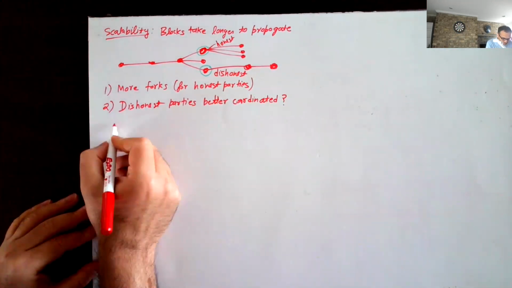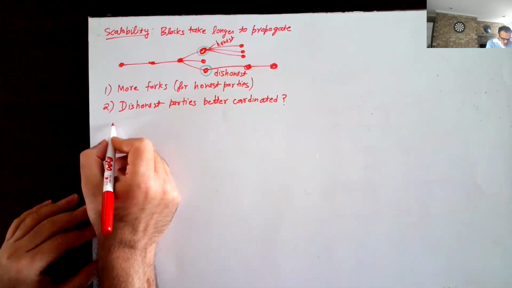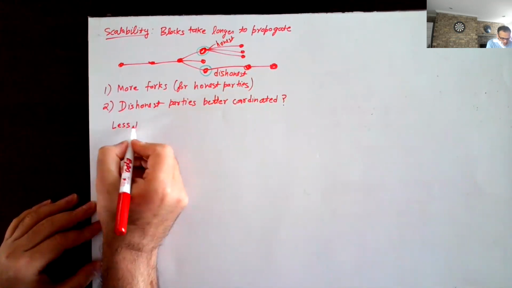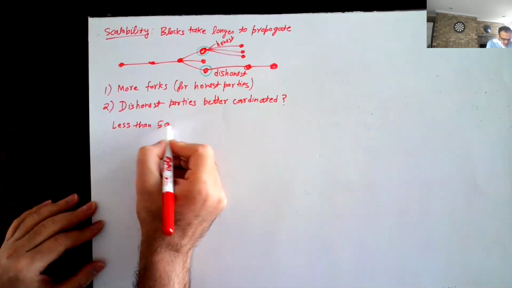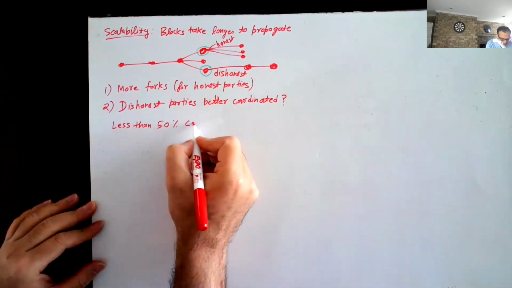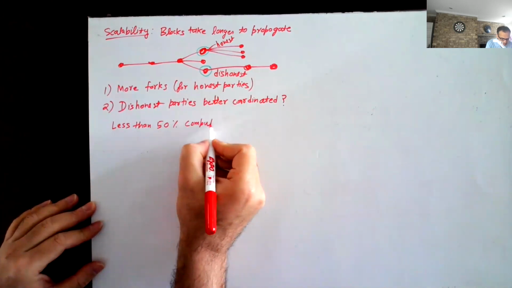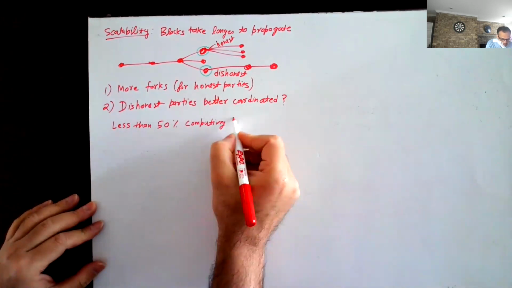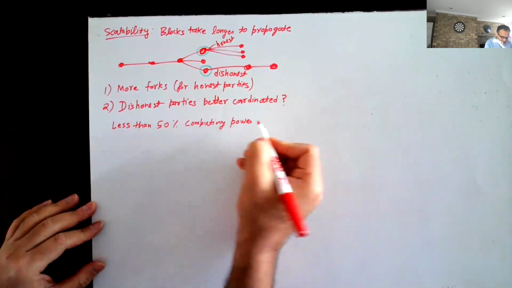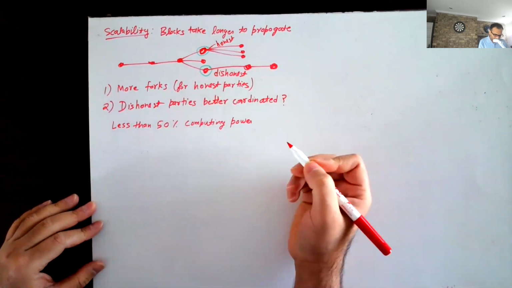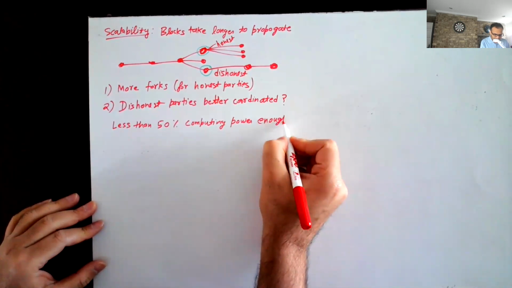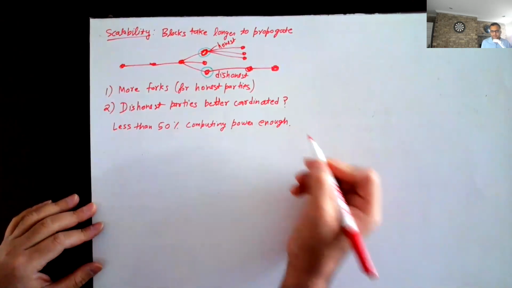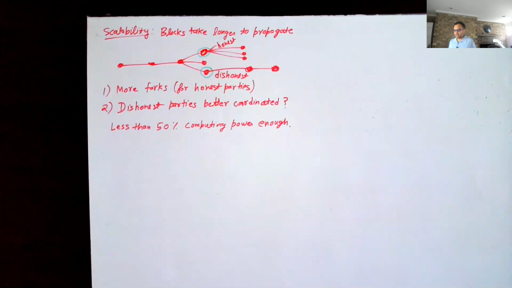So even if the dishonest parties have less than 50% computing power, maybe that's enough to control the longest chain and to produce the longest chain.